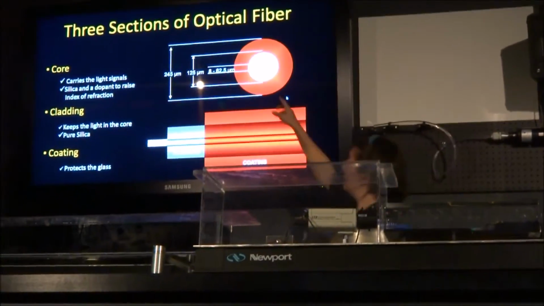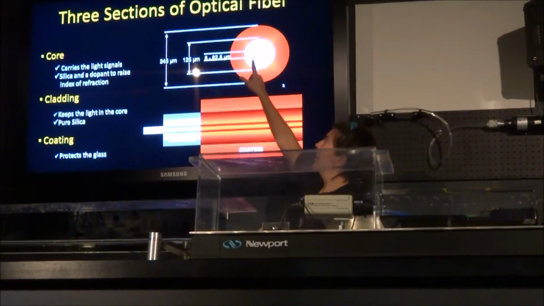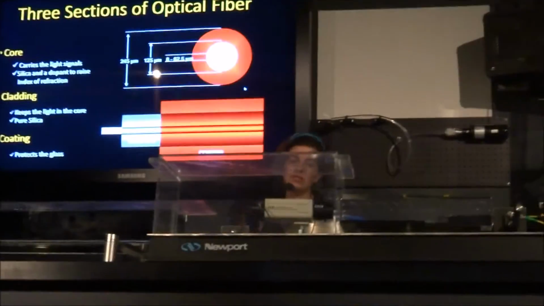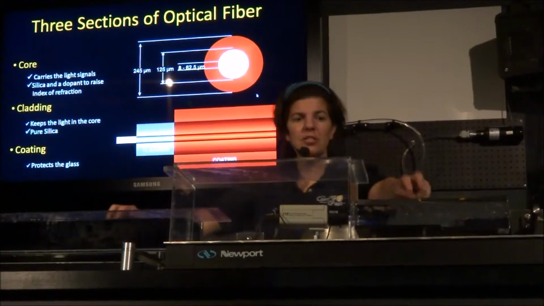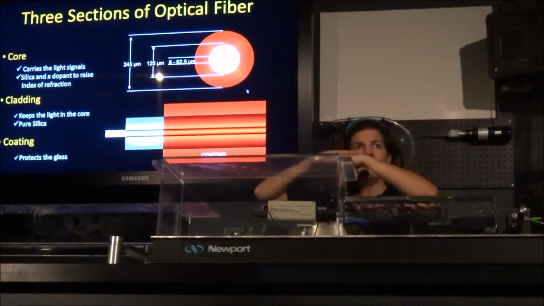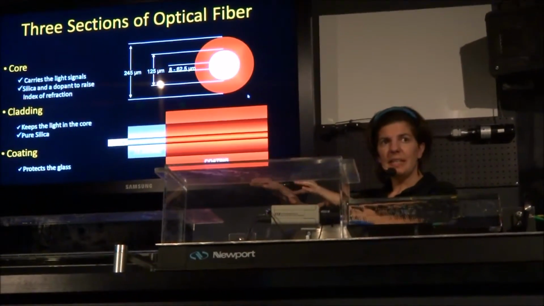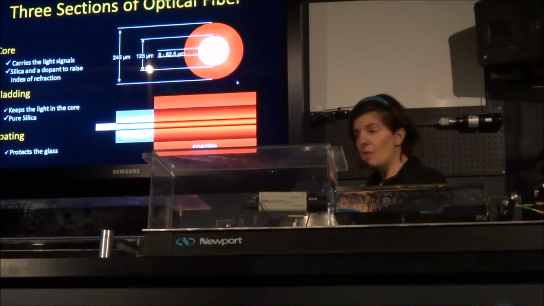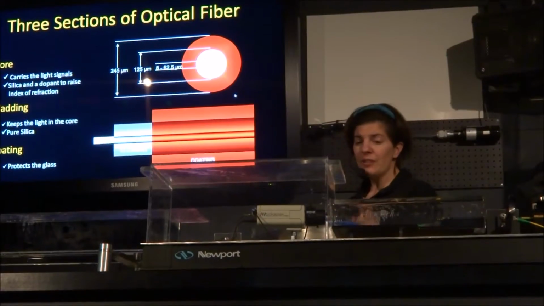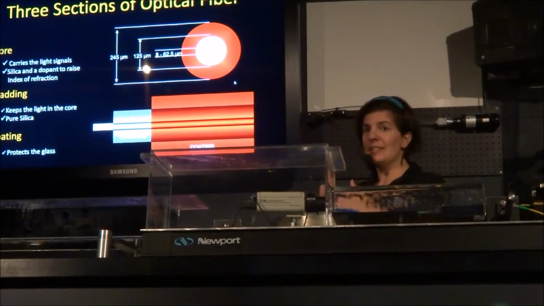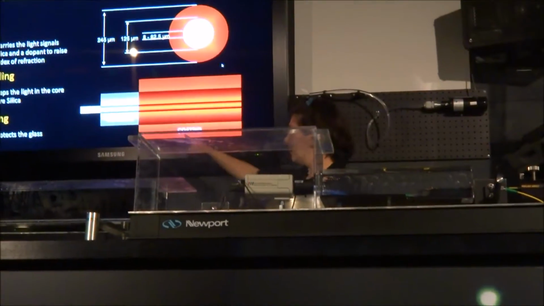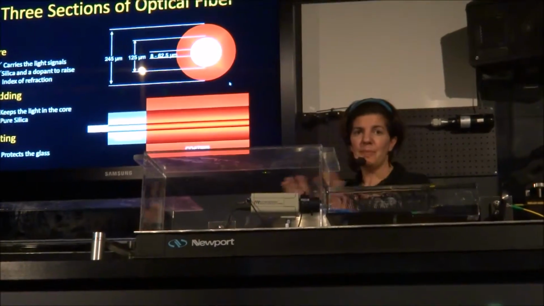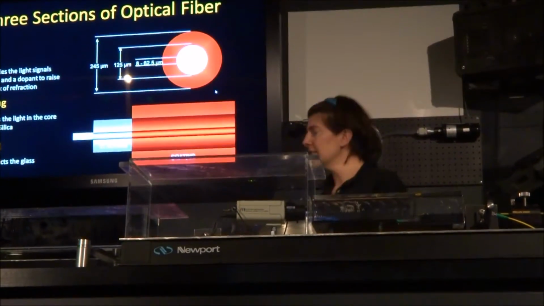And so the light's going to travel more slowly in here, and the interface between those 2 types of glass work just like these 2 examples to create that mirror effect and keep that light in the middle. And so all of our information stays in the core and we don't lose it. Now, this stuff is really strong, but if it gets scratched, it's going to break. And so we add this outer coating of plastic just to keep the integrity of the surface intact.